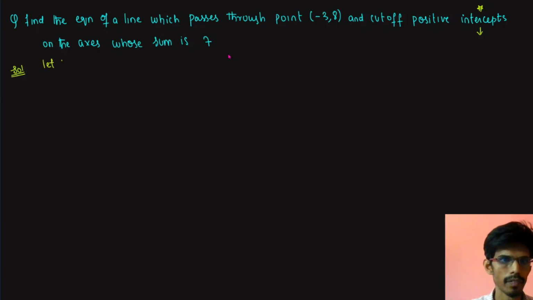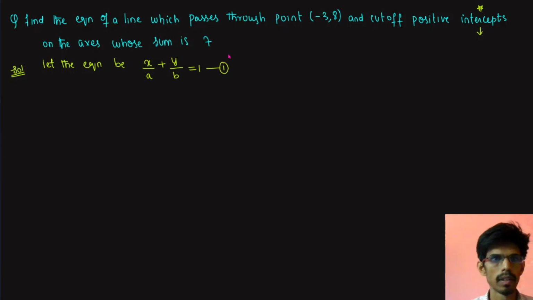Let the equation be x by a plus y by b is equal to 1, because he mentioned intercepts. So the moment you hear this word intercept, take the intercept form of a line, that is x by a plus y by b equal to 1.